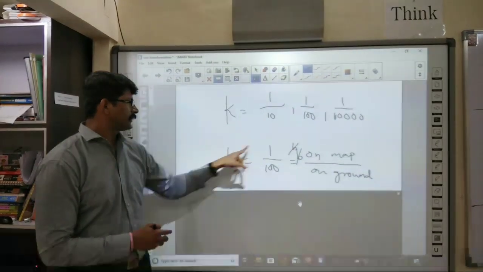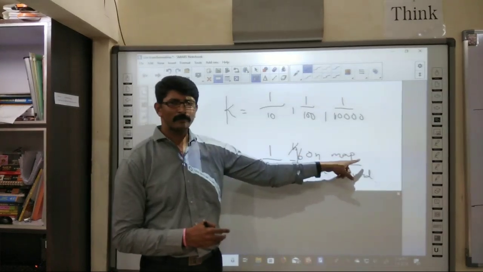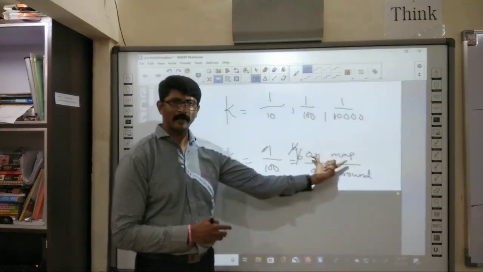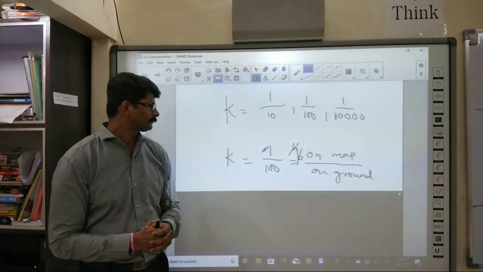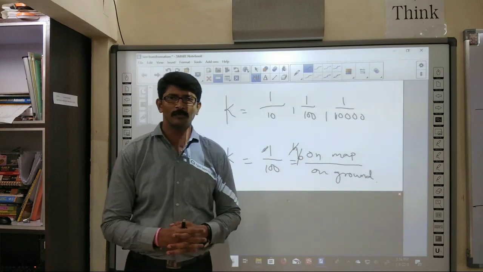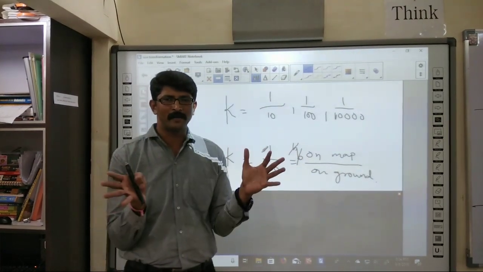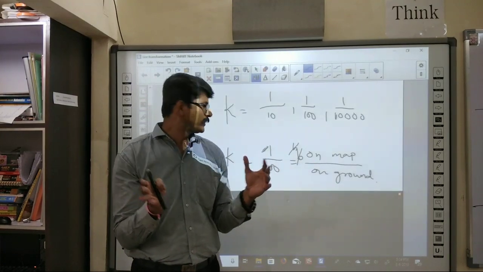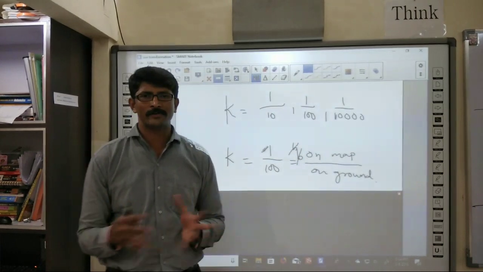See, this is K. K is 1 upon 100. 1 unit on map is equal to 100 units on the ground. What does it mean by that? If you take 1 centimeter on the map, it would be equivalent to 100 centimeters on the ground, or the actual length.